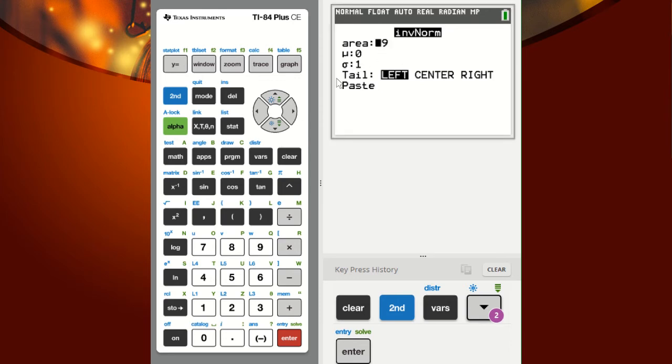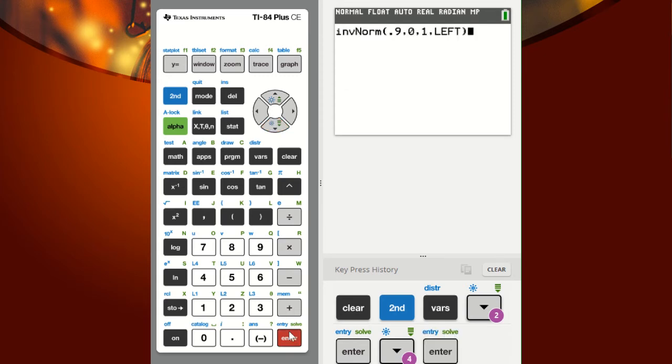So I'm going to say 0.9 and I want the z-score. My mu is going to be 0, my sigma is 1, and my shading is to the left. I'm going to paste that, and I get a z-score of 1.28, which makes sense. 90% of the data should be below that in my z-scores.